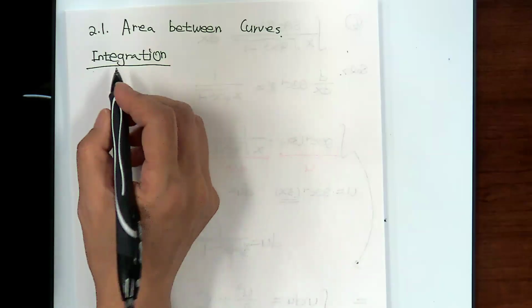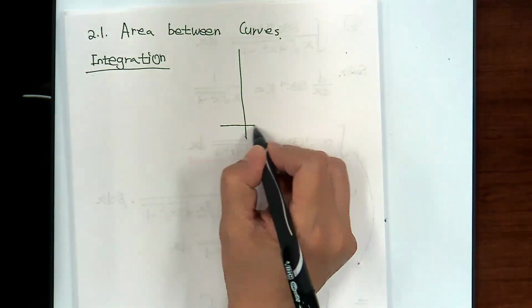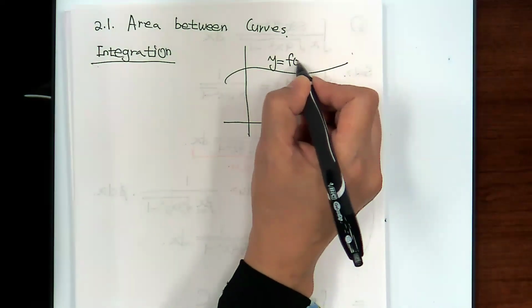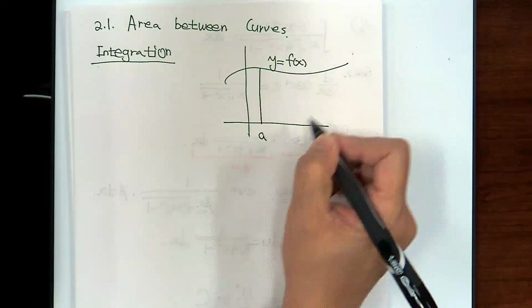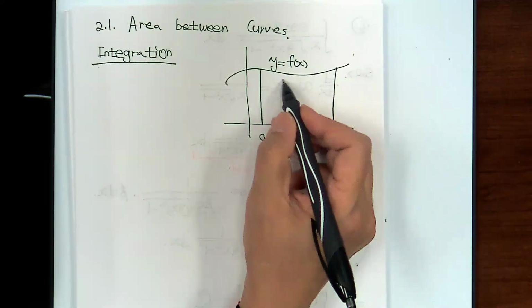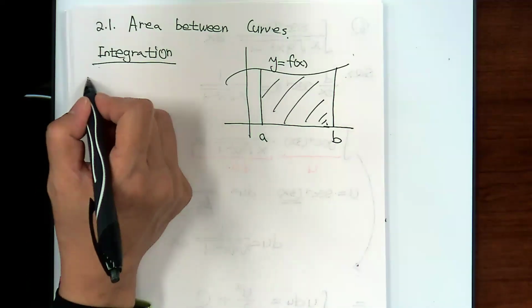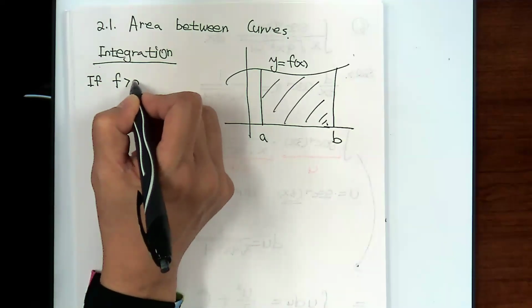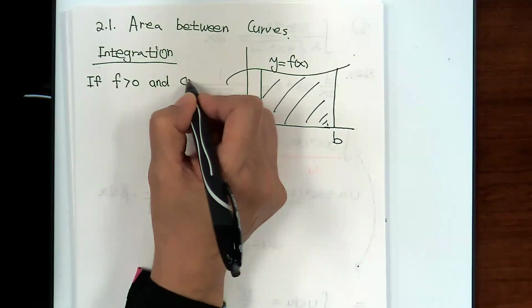Let's start with integration. We have a function like this. Let's suppose that the function is positive and continuous.